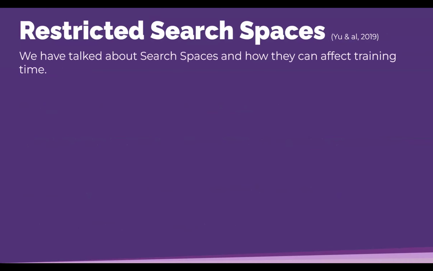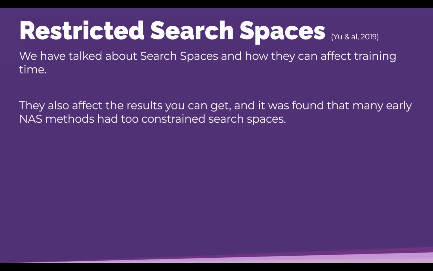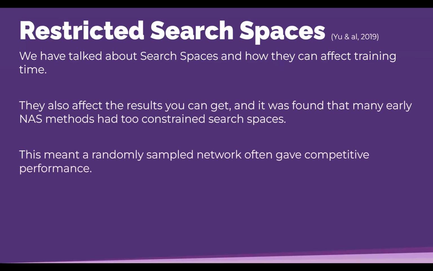Another issue that the paper found was restricted search spaces. So we talked about search spaces, how they can affect the training time, because we've used weight sharing to massively reduce how many spaces you actually go through. But they also affect the results you can get. And it was found that many of the early NAS methods had too constrained search spaces. And this basically meant that most of the architectures were good.